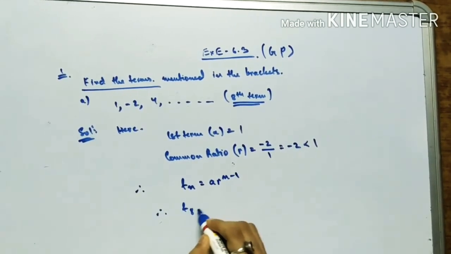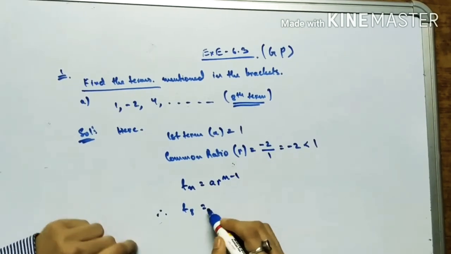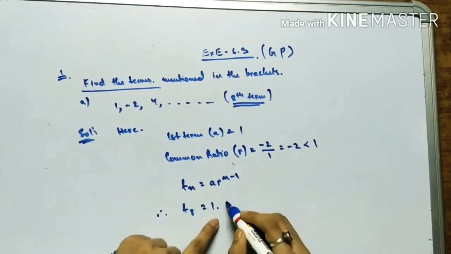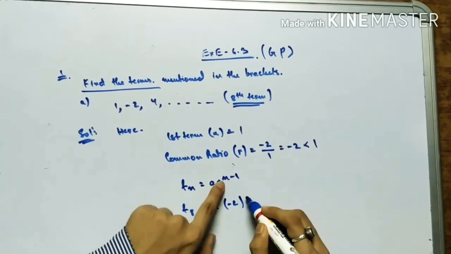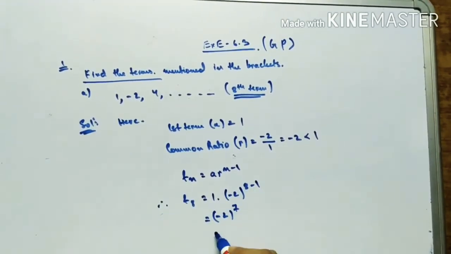Therefore T8 is equal to A, which is 1, into the common ratio minus 2 to the power 8 minus 1, so this will be minus 2 to the power 7.